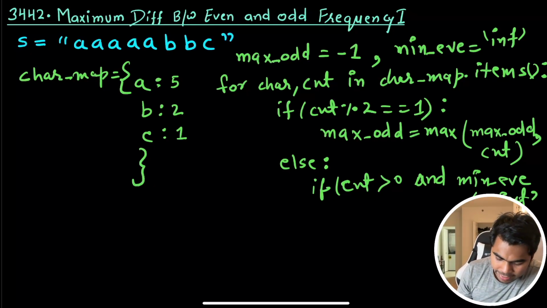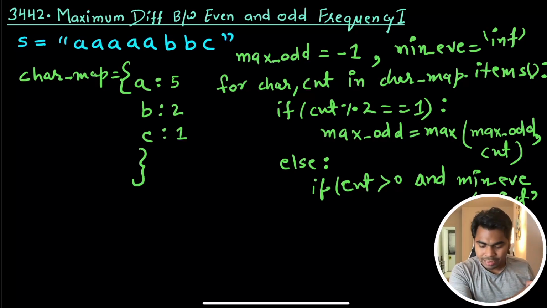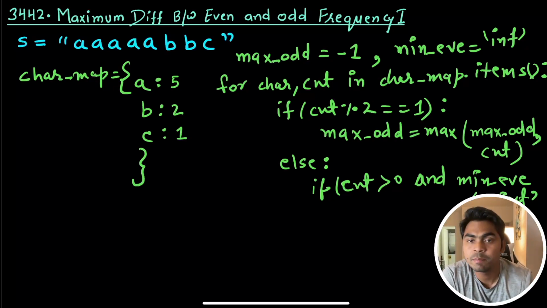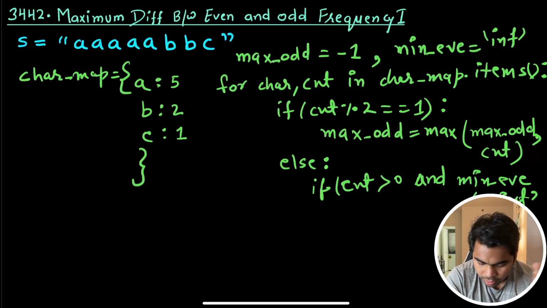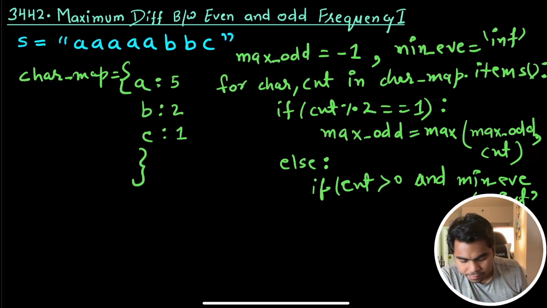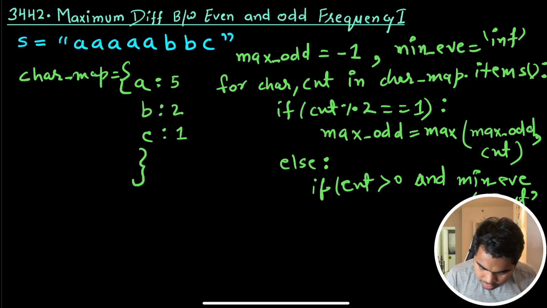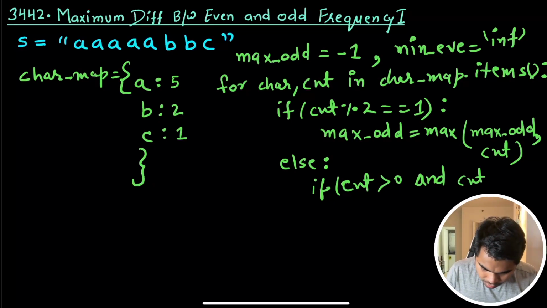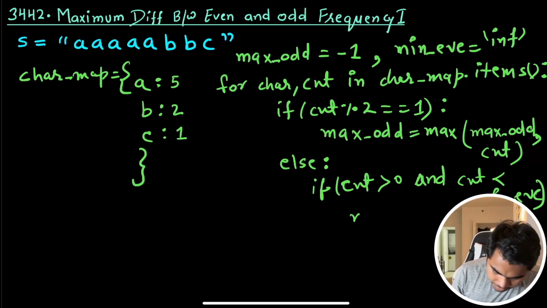The reason I'm doing this is that it should only get updated if I find a smaller count than what I've found before. So min even will be count.